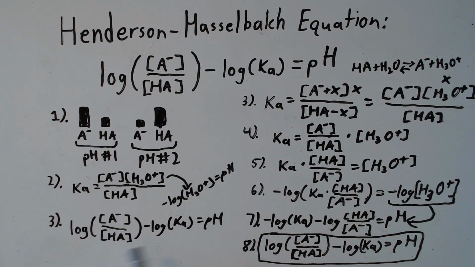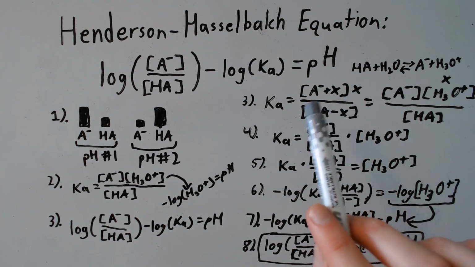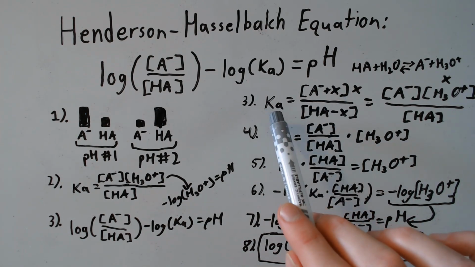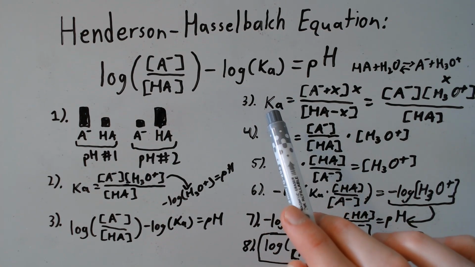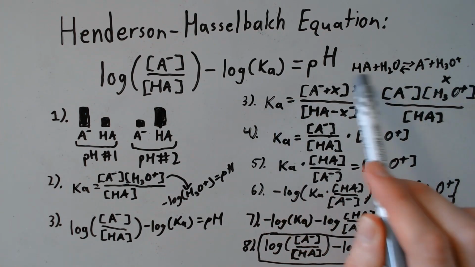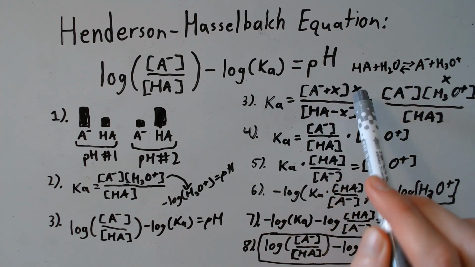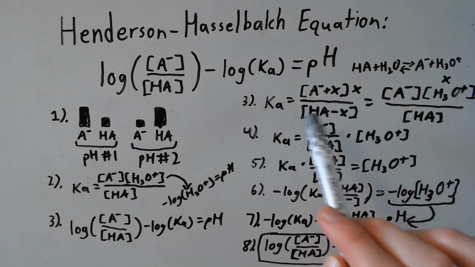So the way this equation was originally derived was basically when we draw the Ka for our buffer reaction on top. We get the products over the reactants.